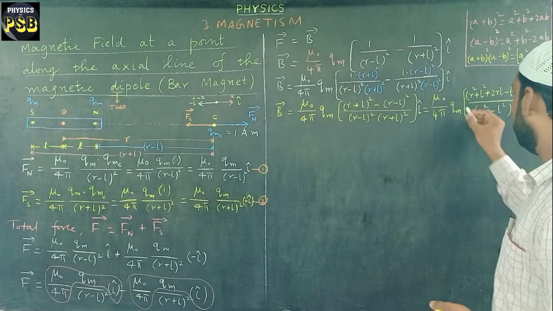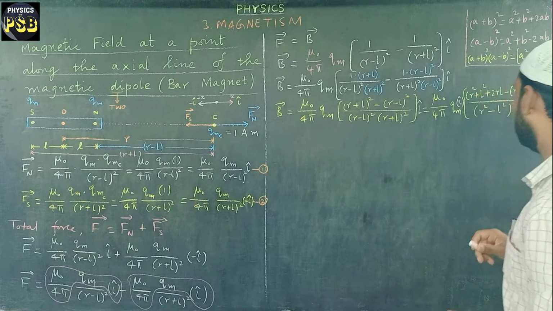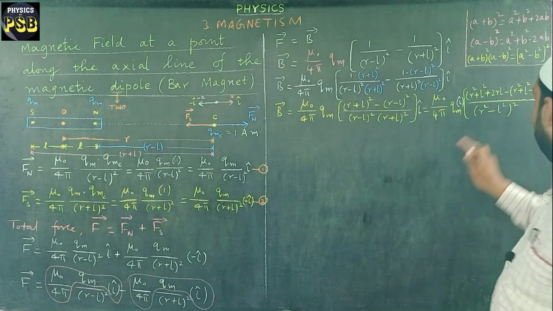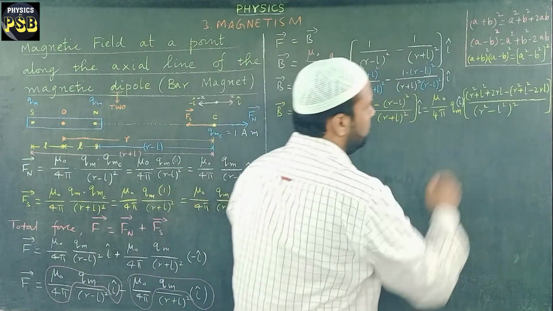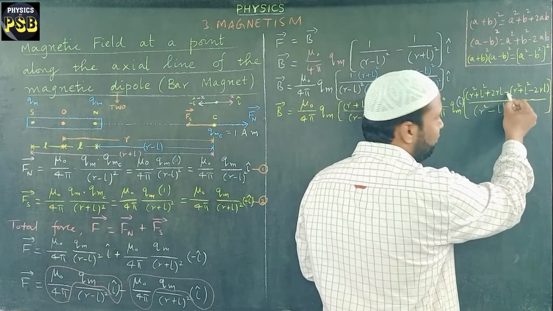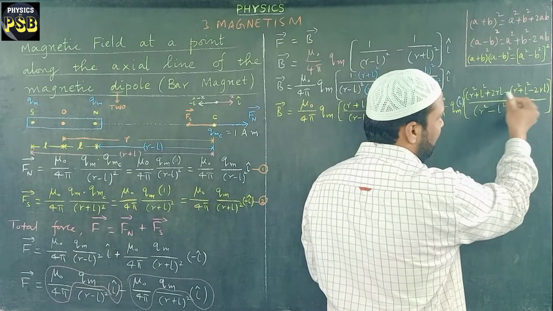If I write i cap here, it is not going to make any difference. This is what we have got. Now, here I have a minus, here plus. When plus is multiplied with minus, it becomes minus, whereas here, minus multiplied with minus becomes plus.